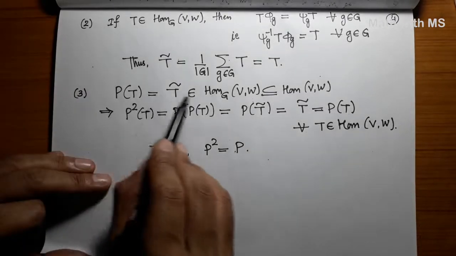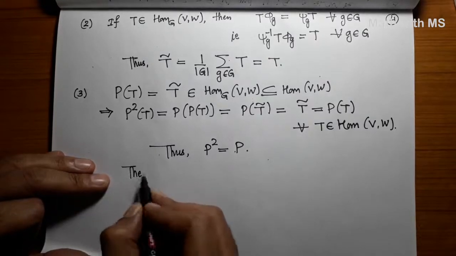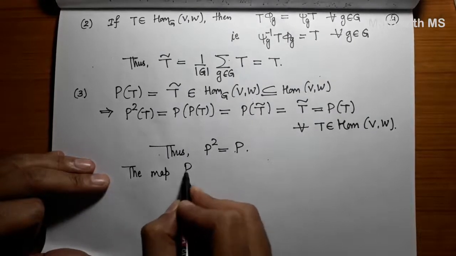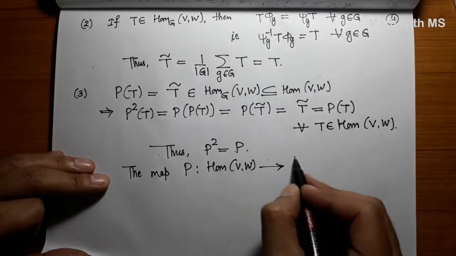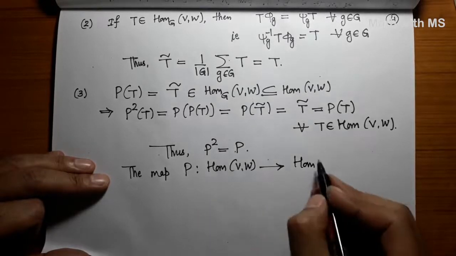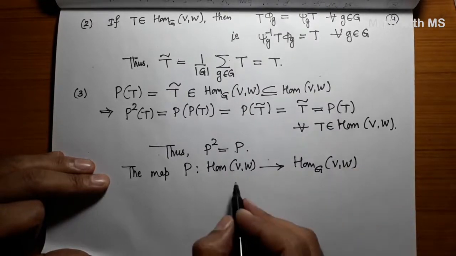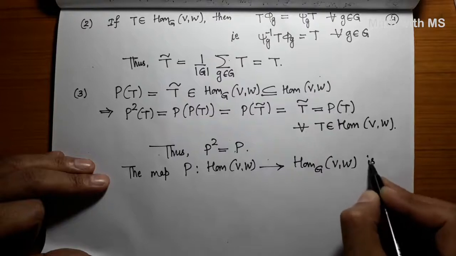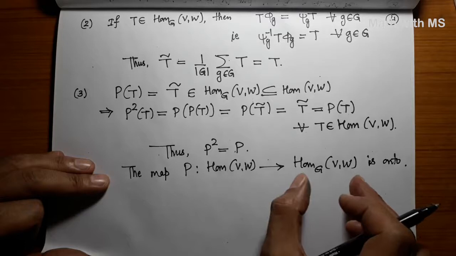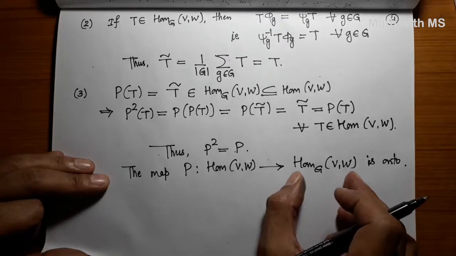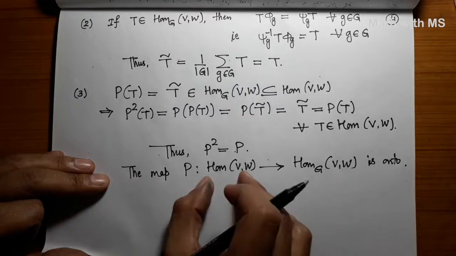Observe that the image of P goes inside Hom_G(V,W). So the map P from Hom(V,W), if I view it inside this space of morphisms rather than Hom(V,W), then this is actually onto. This also follows from here, right? Because if we take any morphism here, then that is P of itself. Okay, and then that morphism also lies here.